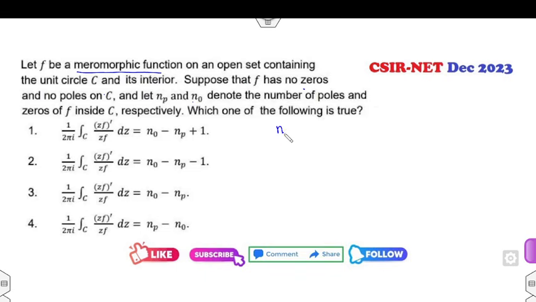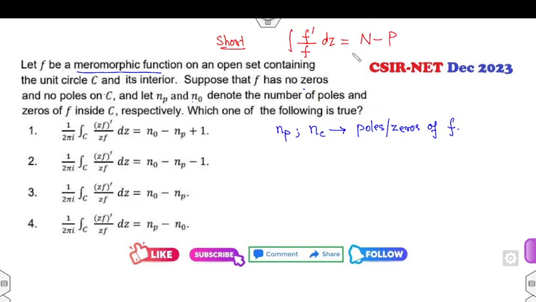NC and NP are the number of the zeros and the number of the poles of F. Then, remember always what comes to your mind when you think about this quantity F dash over F. That is my argument principle: N minus P, where N is the number of the zeros and P is the number of the poles of F.